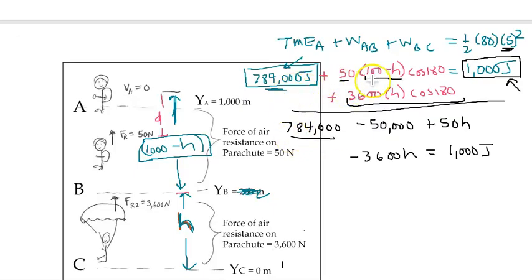The 784 comes straight down, but you have 50 times 1,000 times cos 180, which is how you get minus 50,000. And then you have 50 times minus h times a negative 1, so that becomes positive. And then you have 3,600 h times cos 180, which is negative. So I'm sorry, this is all one line.